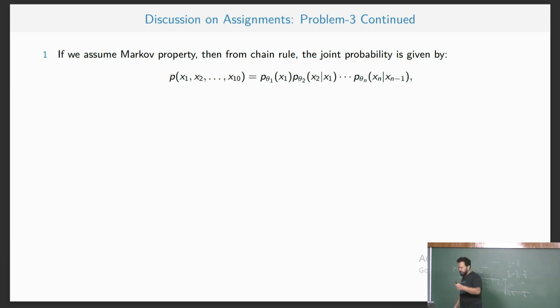We have seen in the previous class that even in the chain rule, we could have used all previous dependencies. That is the perfect case, the actual chain rule. So this is not necessarily equal; actually it is approximate, because the actual chain rule would mean something different. Now there is a Markovian assumption, meaning that my next pixel only depends on the previous pixel, as we discussed in the last class.